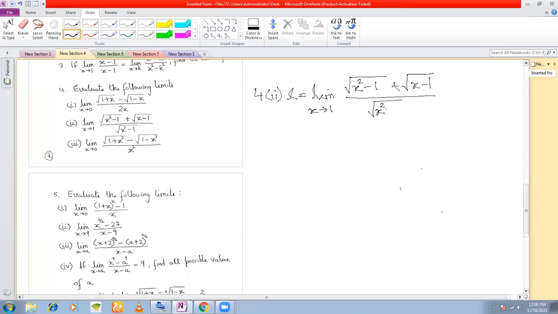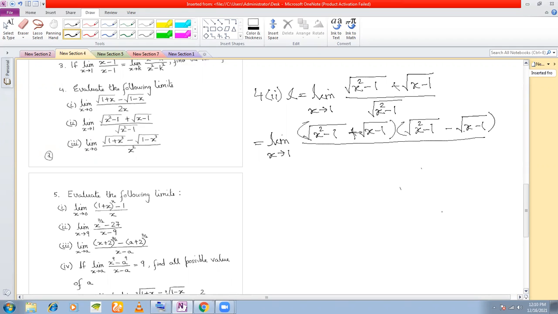So again, what you need to do is you need to rationalize the numerator by multiplying numerator and denominator by, what is the factor? Rationalizing factor. In this case, what is the rationalizing factor? Root x square minus 1, because I have a plus sign here, I'll give a minus sign here. So I multiply the numerator and denominator by root x square minus 1 minus root x minus 1.